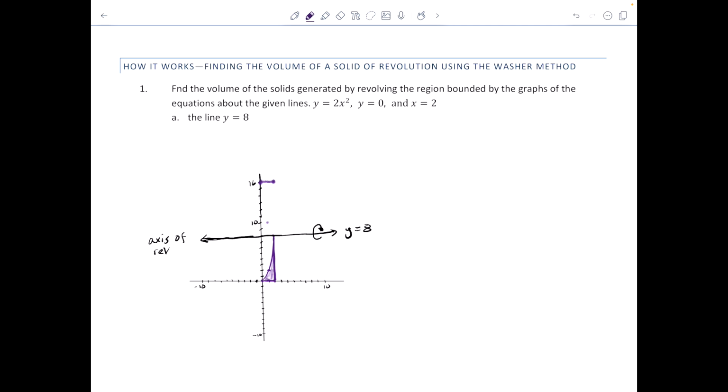So we'll have something like this. I'm making it too fat.